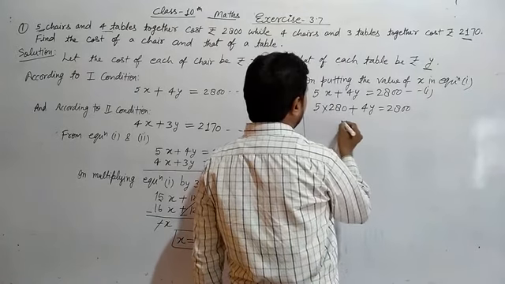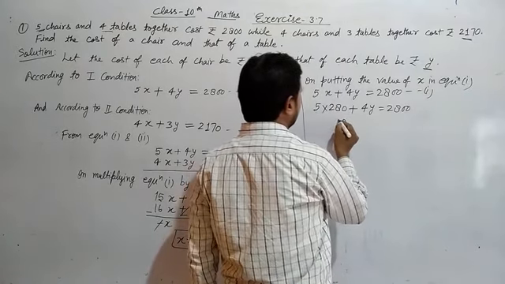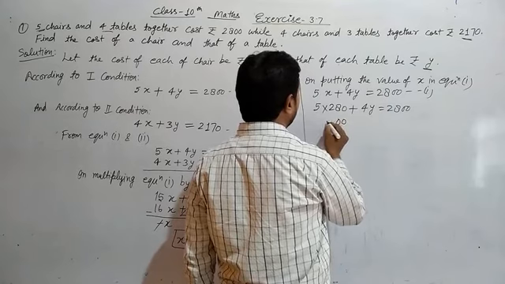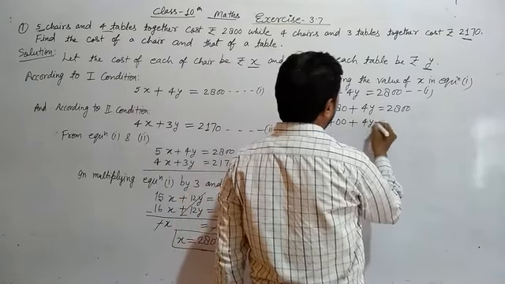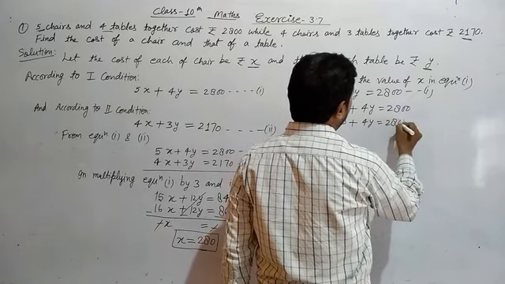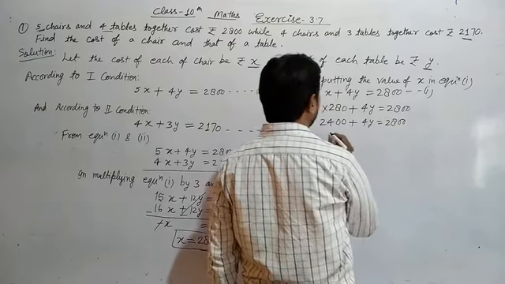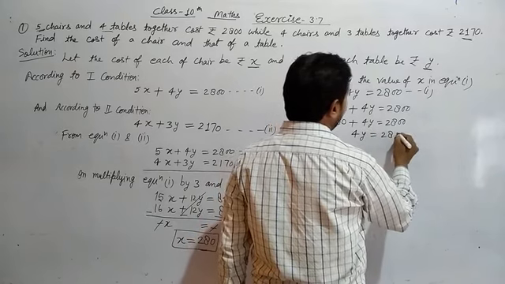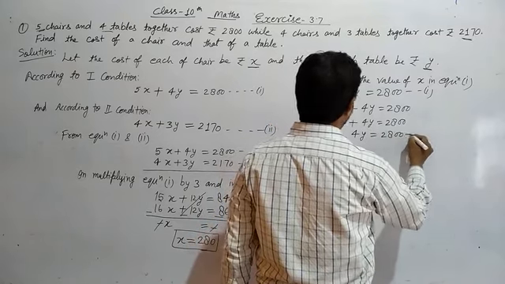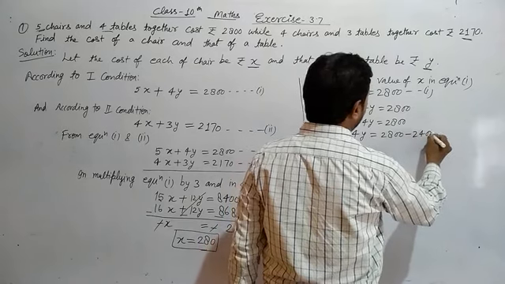Now 5 into 0, 5 0s are 0, 5 4s are 20, and 4 is 24. Plus 4y is equal to 2800, and here 4y is equal to 2800 minus 2400.